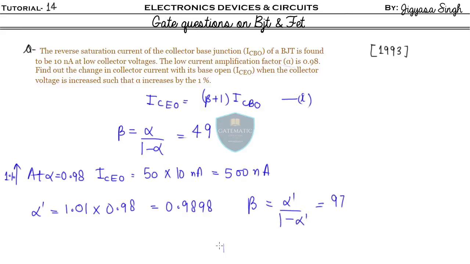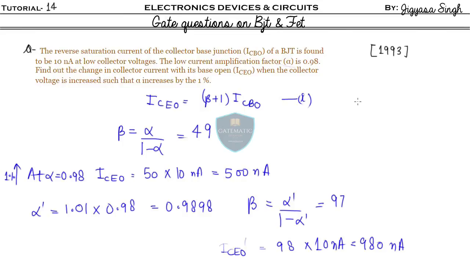Now let's calculate ICEO dash. ICEO dash will be 97 plus 1, which is 98, putting in equation number 1, into 10 nanoamperes, which will be 980 nanoamperes. But what is it asking? It is asking us to find out the change in collector current.